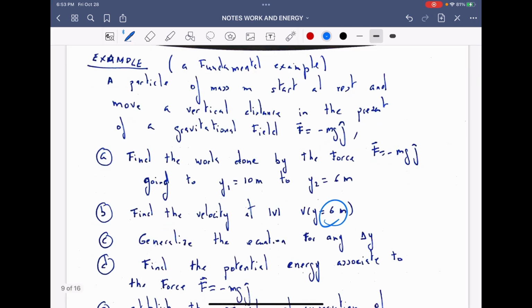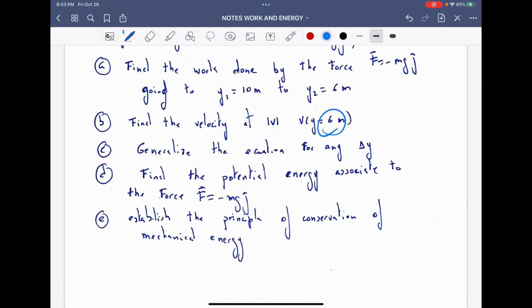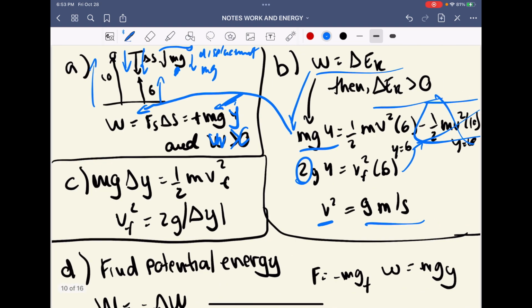Going into C, it says generalize the equation for any given delta y. The equation that's going to serve for everything is that mg times the displacement in y is going to be equal to half m times v squared final, just like in this case.